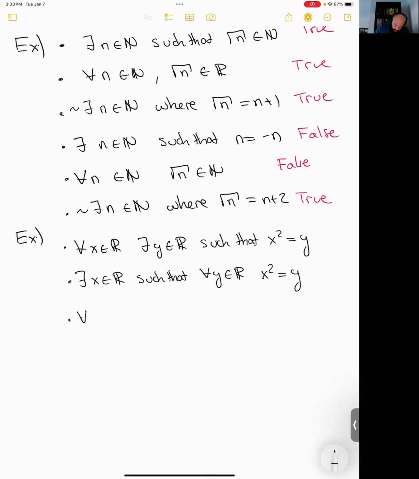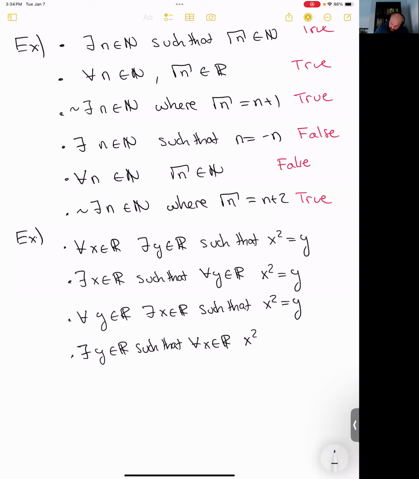Then the next one, for all y in the real numbers, there exists an x in the real numbers such that x squared is equal to y. And the last one is that there exists a y in the real numbers such that for all x in the real numbers, x squared is equal to y.